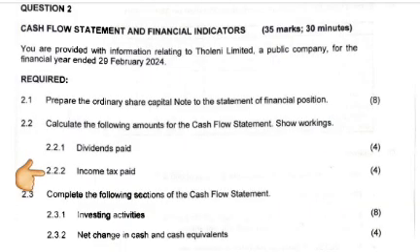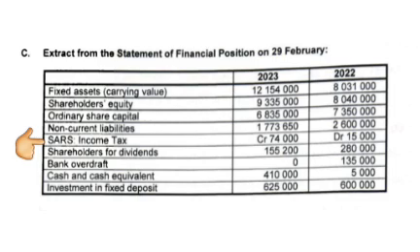The second calculation they wanted in 2.2.2 wanted us to calculate income tax paid. Your final answer here should also be in bracket. Why? Because we are paying the amount and we want the amount that we paid this year. So there are those rules: you have to pay attention to the things that happened at the end of the year.